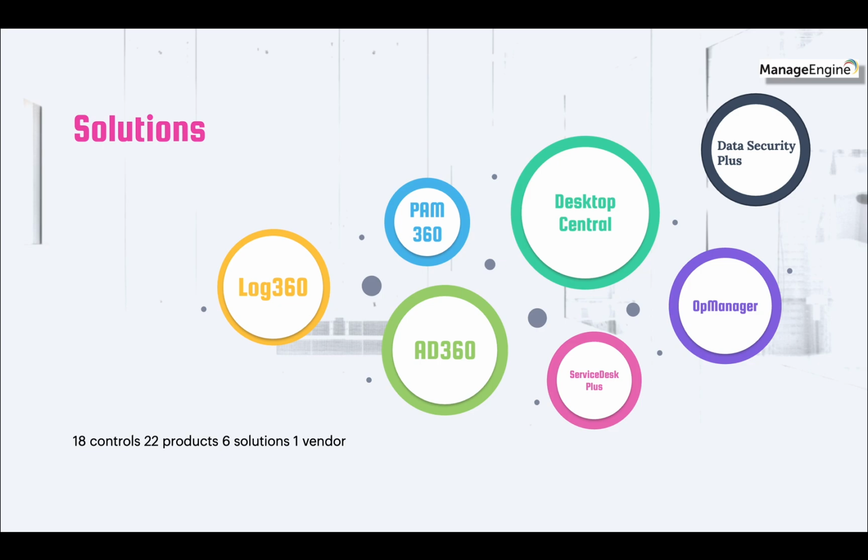So with these 6 solutions, one vendor, ManageEngine, you'll be able to comply with most of the CIS 18 controls. So these 4 solutions, Log360, AD360, Desktop Central, OpManager, with the remaining of the products, can satisfy most of your CIS compliance from one single vendor.